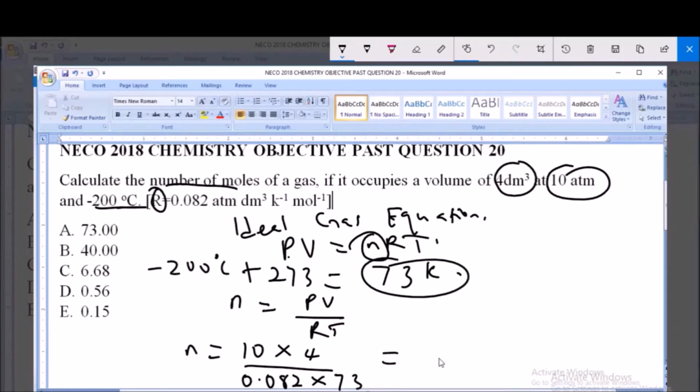Now this is equal to 6.68 moles. So the number of moles is 6.68 moles. 6.68 is option C. So option C, 6.68, is the number of moles of the gas and the correct answer to this question.